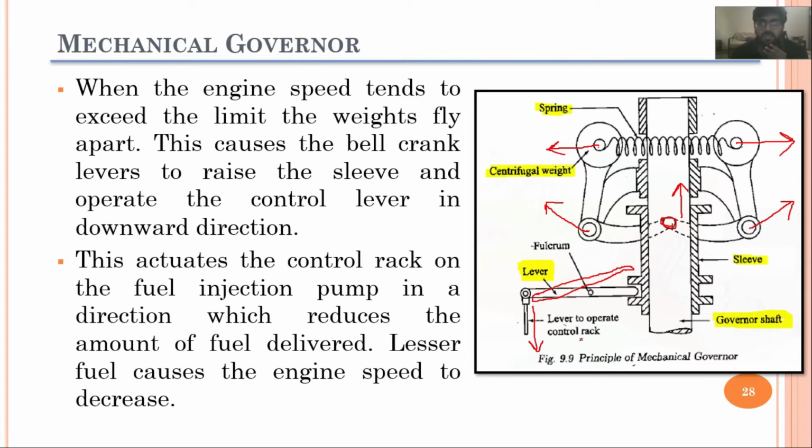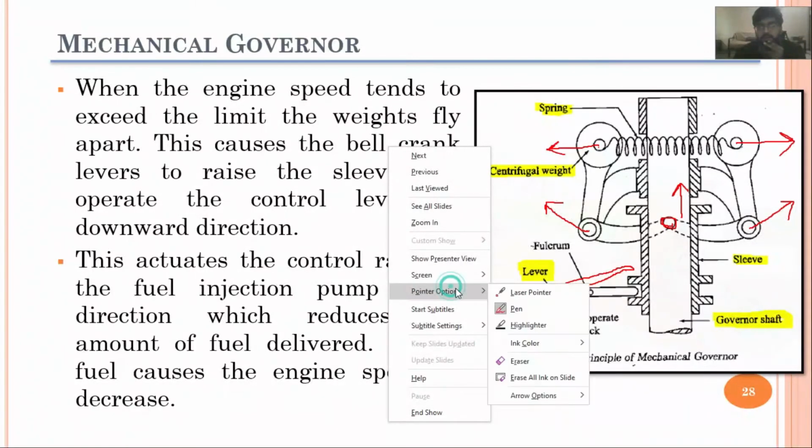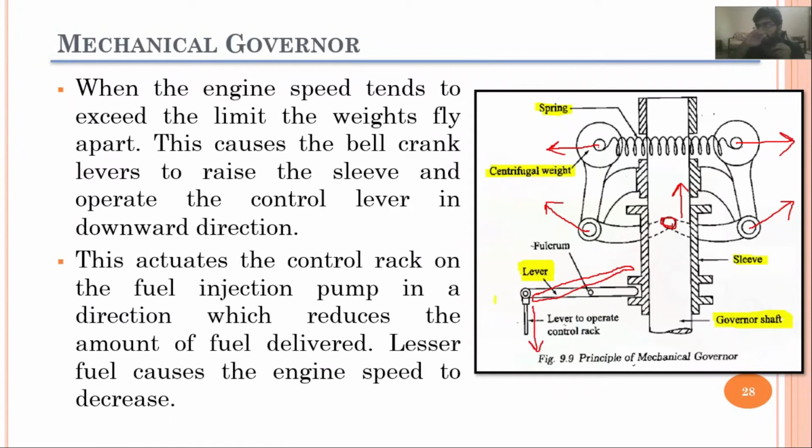So this is how the governors are operating, and they would be controlling the amount of the fuel which is to be injected into the combustion chamber.